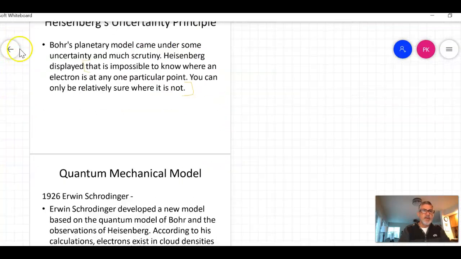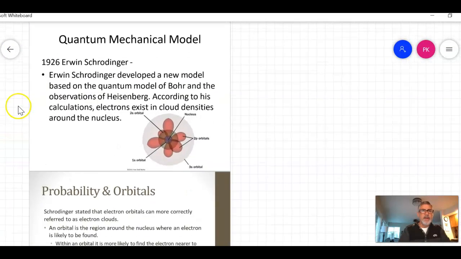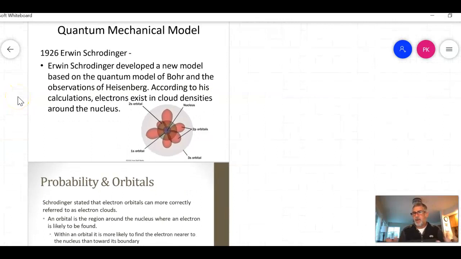1913. So in 1926, a guy named Erwin Schrodinger comes up with a model that we kind of use right now. It's called the quantum mechanical model.